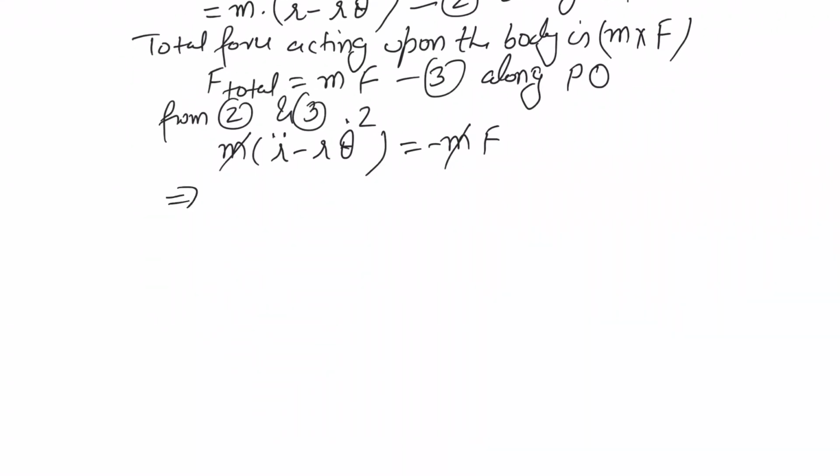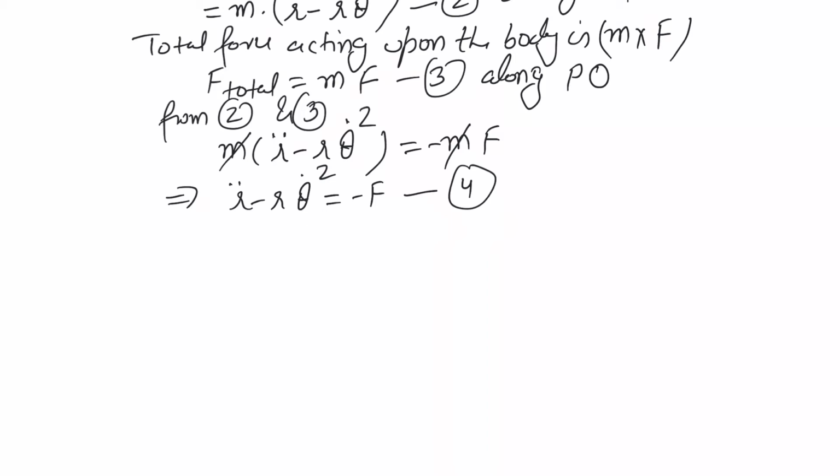This implies that r double dot minus r theta dot square is equal to minus f, and this will be equation number 4. Now we need to find the value of r double dot and theta dot square.